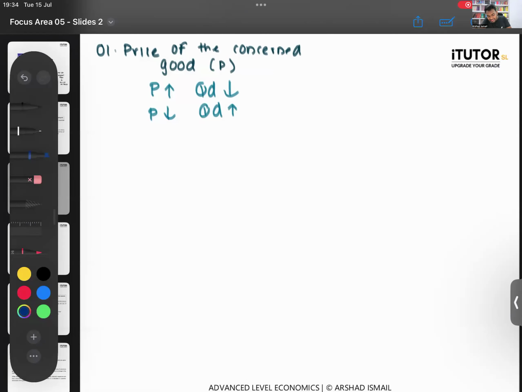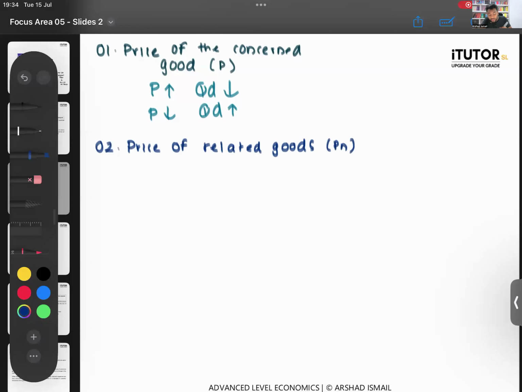We'll go into the second determinant. What's the second main determinant after price of the good? We'll go in the order of whatever is there in your theory tute also. Price of related goods. Now, what are the related goods?